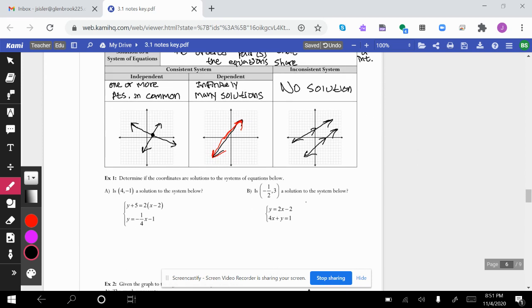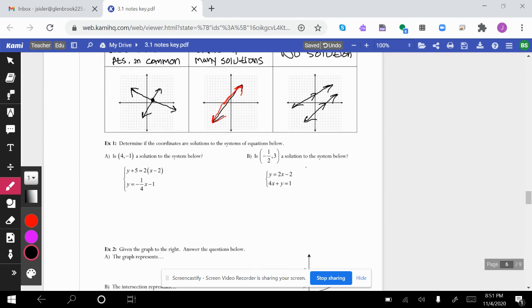So if we look at our examples, we're determining if the coordinates that we're given are solutions to the system of equations below. So I'm just going to plug in the coordinate that I'm given, which is (4, -1), into each of these equations. So y + 5 = 2(x - 2).